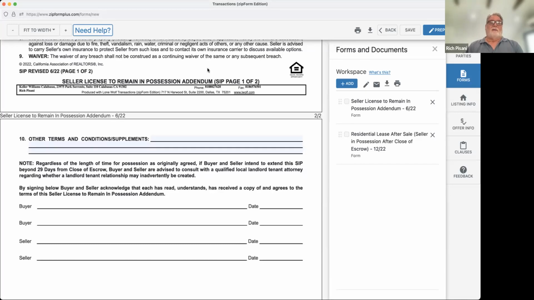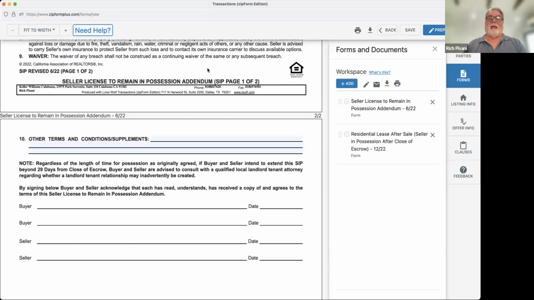So here, note, regardless of the length of time for possession as originally agreed, if buyer and seller intend to extend this SIP beyond 29 days, buyer and seller are advised to consult with a qualified local landlord-tenant attorney regarding whether a landlord-tenant relationship may inadvertently be created.